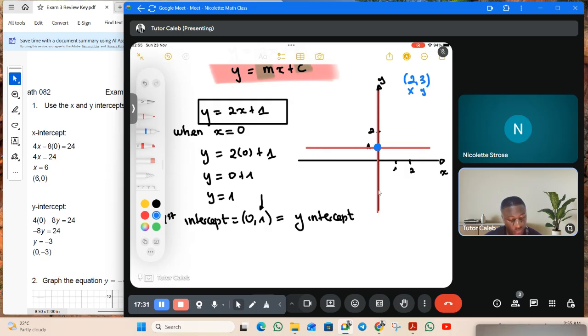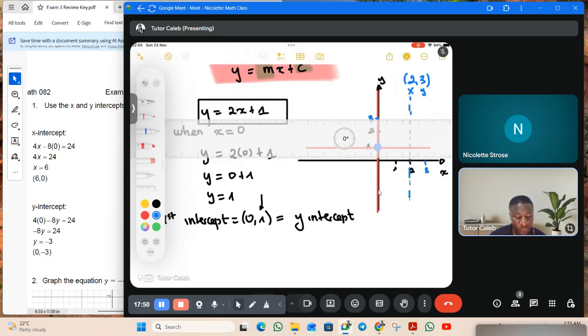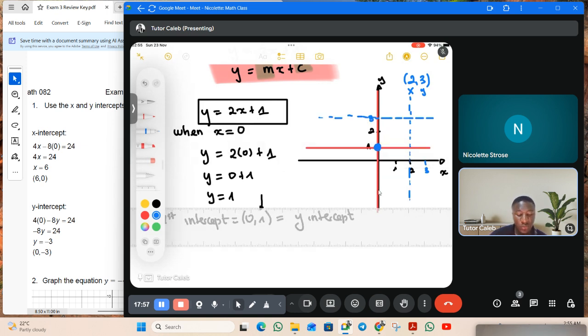So if this is my 2, and this is my 3, then I'll have to draw a vertical line on the x-axis at exactly 2, and a horizontal line on the y-axis at 3. Where the two lines meet would be my point 2, 3. This is where they meet here. Let me put it in red.